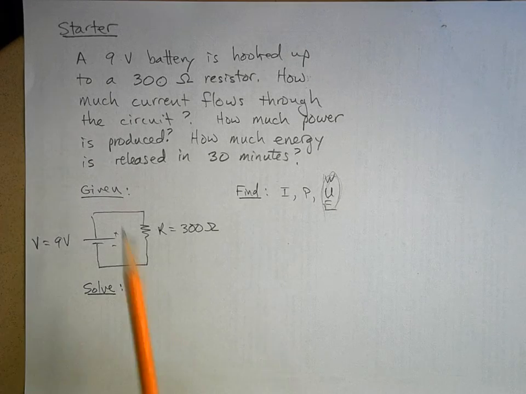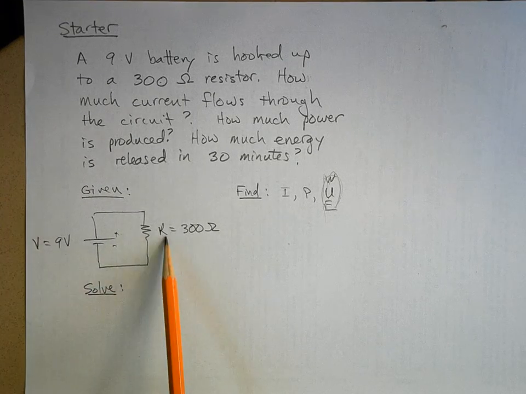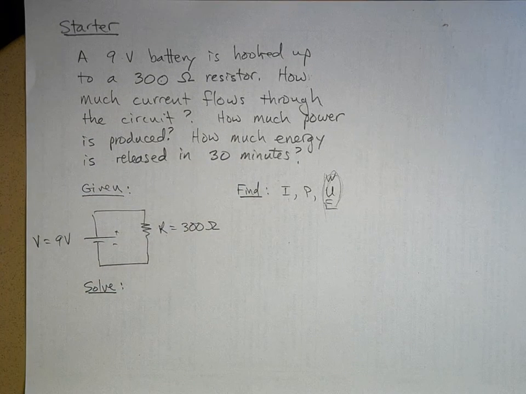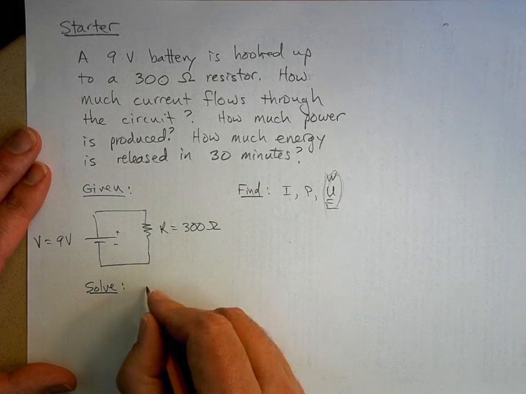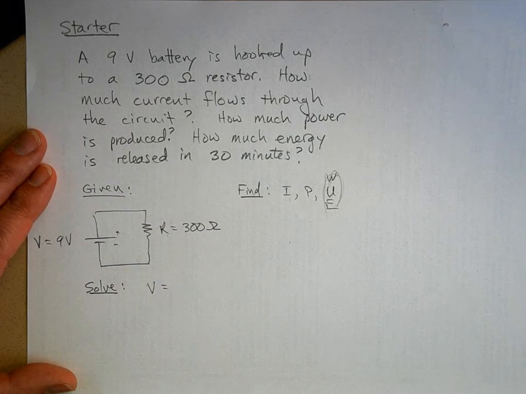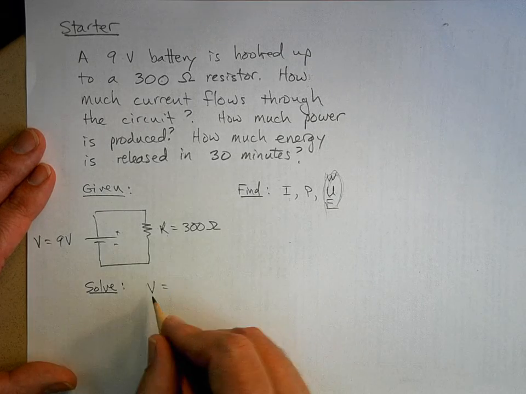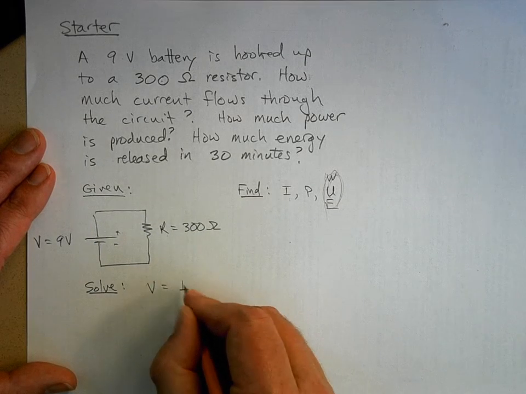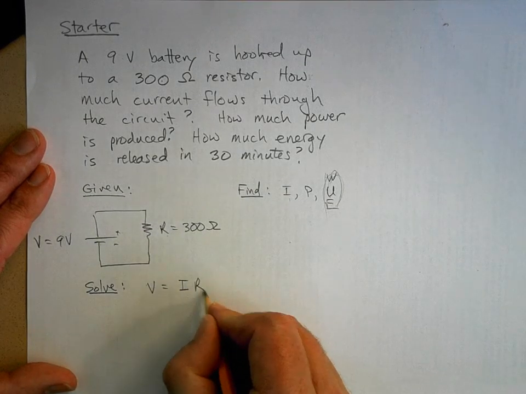So what's the relationship between voltage, resistance, and current? Well, that would be Ohm's law. So you have to recognize that the voltage in a circuit will be equal to the current flowing through the circuit times the resistance of the circuit.